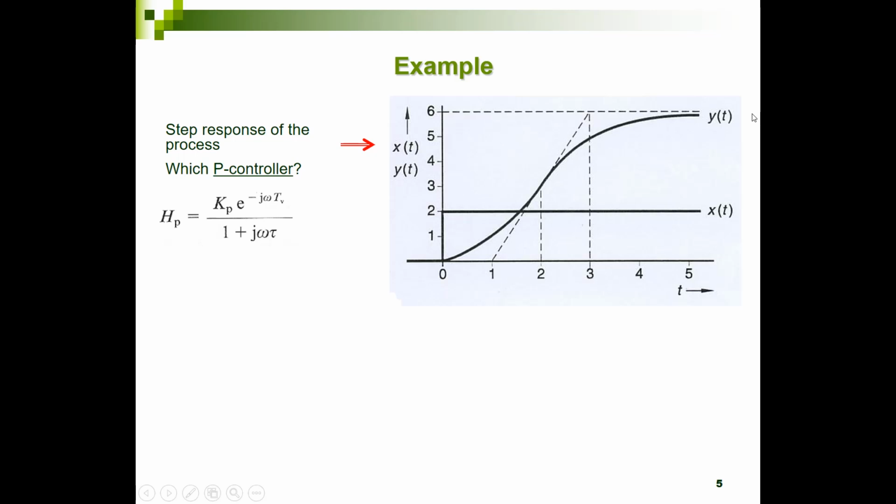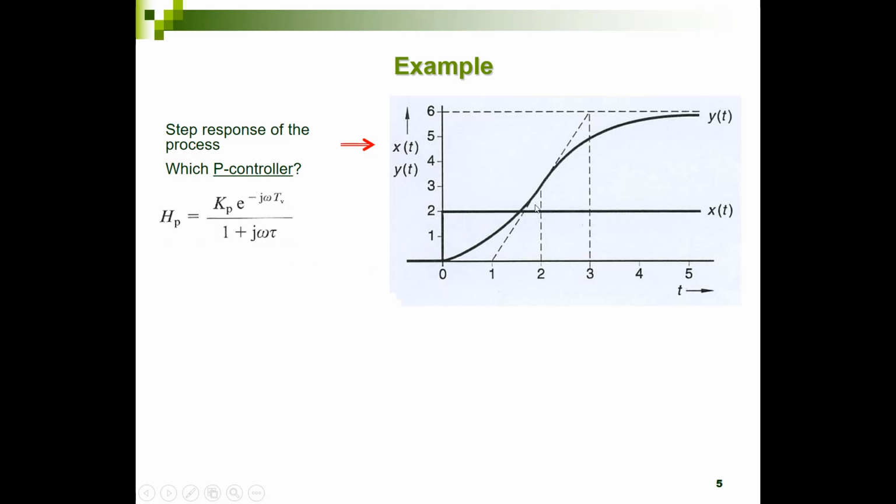Okay, so now we can see that this is more or less a first order approach with a delay. So we can apply this transfer function for the process, defining it as a first order system, Kp over 1 plus j omega times tau, multiplied with the transfer function of delay, e to the power minus j omega times Tv. Now we can calculate tau, Tv, and Kp.